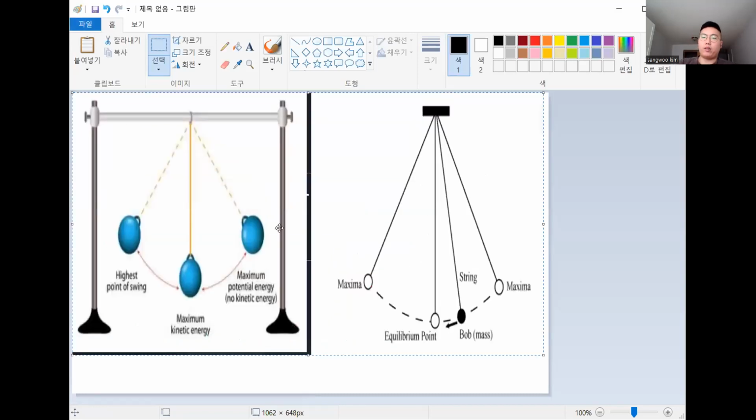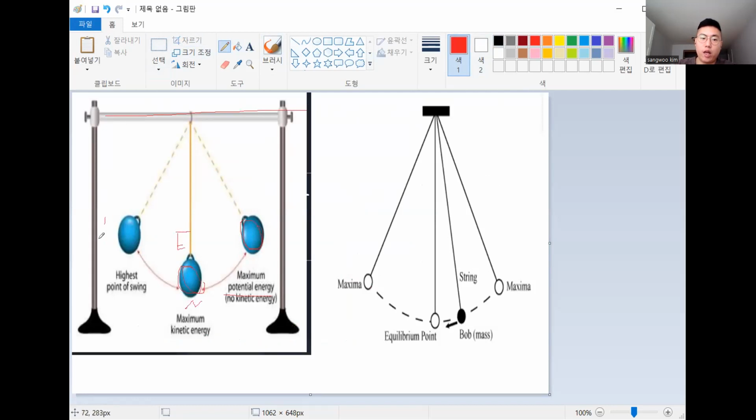We know about this, but it's really important to understand this part. Look at that, here's the weight. First of all, if it's here, there's no energy; energy is 0.